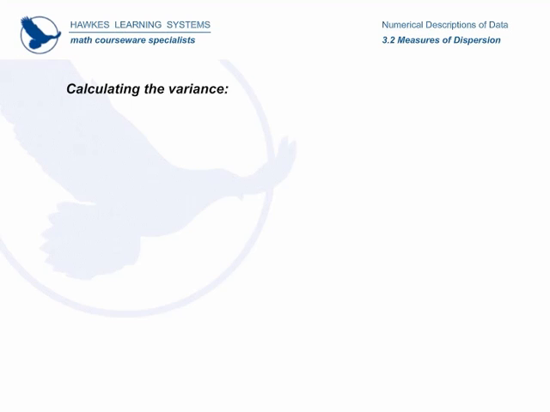Sigma superscript 2 equals the summation of a data set value minus the population mean, all squared, divided by n, the total number of data set values. We see that S superscript 2 equals the sample variance, and sigma superscript 2 equals the population variance.